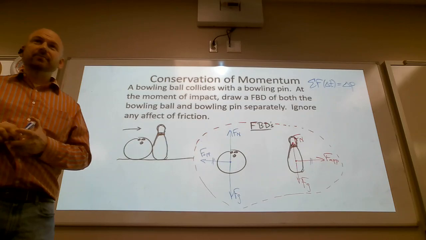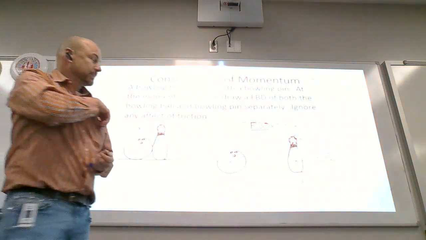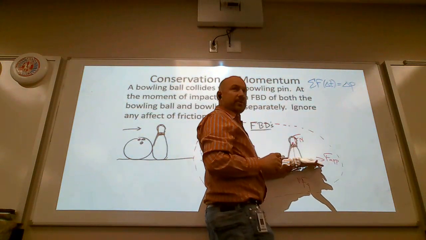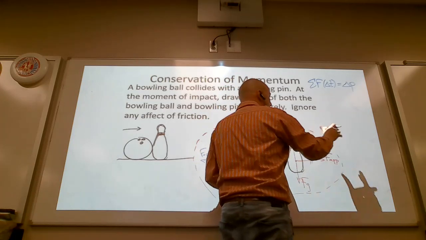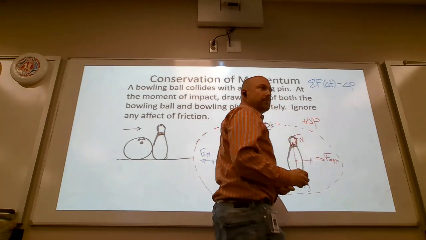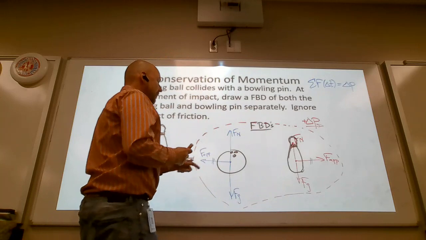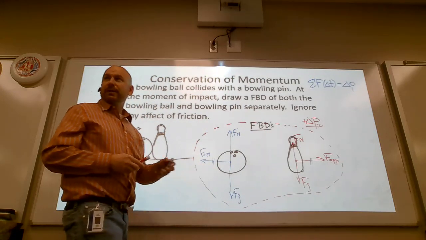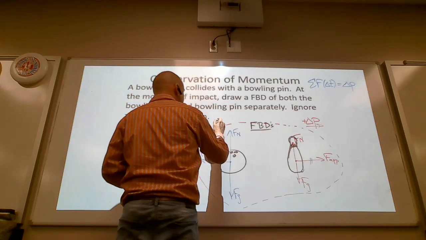Everybody okay with that? Okay. But there is an important detail. The force causing that change in momentum on the pin was going to the right. So if we make right positive, it had a positive change in momentum. The ball experienced a force to the left that caused the change in its momentum.